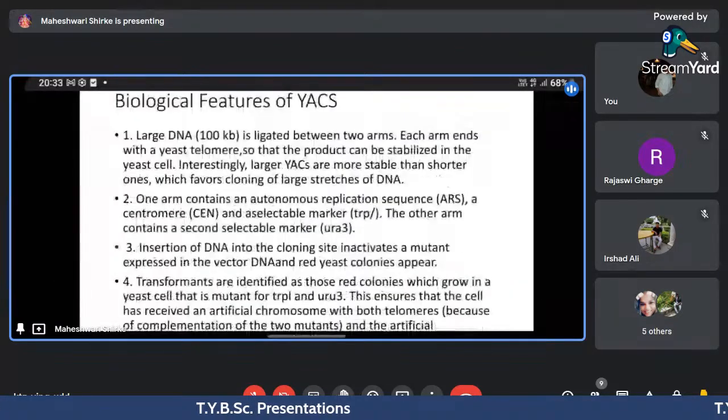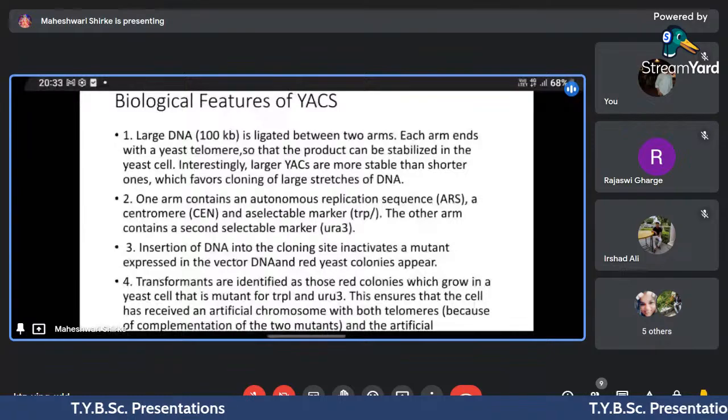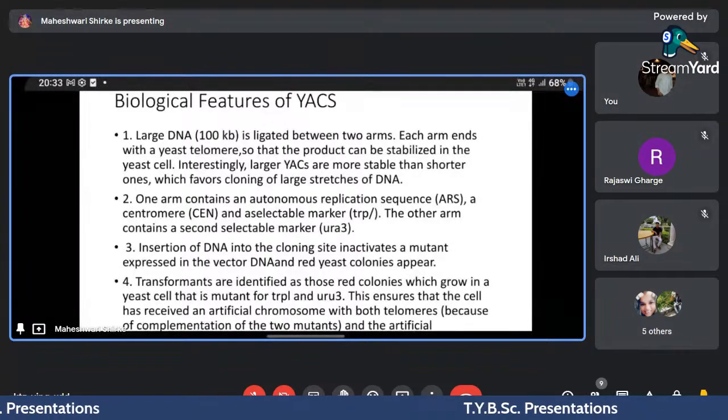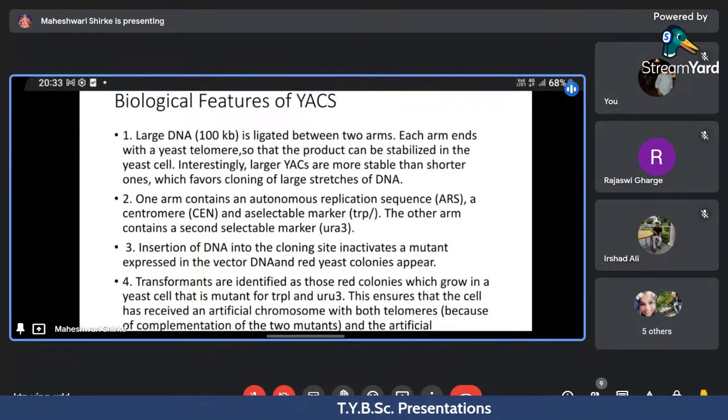Biological features of yeast artificial chromosomes. First, large DNA is ligated between two arms. Each arm ends with a yeast telomere so that the product can be stabilized in the yeast cells.